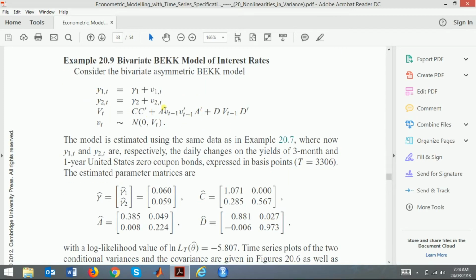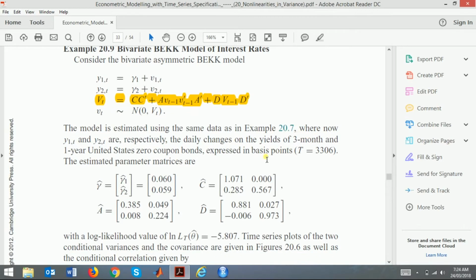So we have y1, y2, and this is the equation of interest. Now y1t and y2t are respectively the daily changes on 3-month and 1-year zero coupon bonds, 2 variables. We know BEKK is stacking in columns.